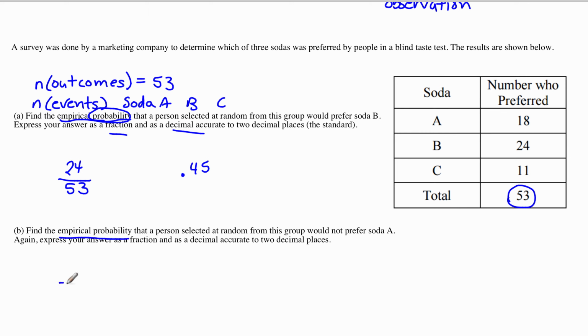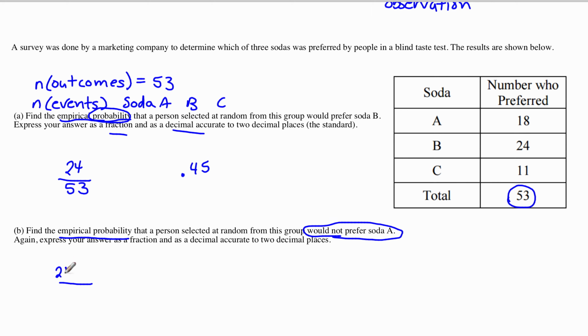Find the empirical probability. Once again, that just means part over total. Number of successes over number of outcomes. That a person selected at random from this group would not prefer soda A. Well, if you don't prefer soda A, you must prefer soda B or C. Oh, okay.